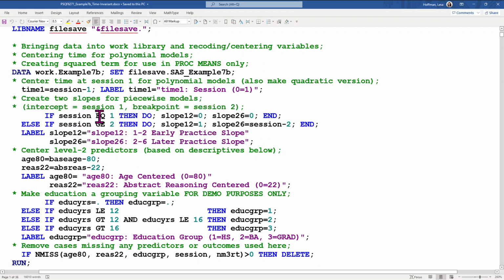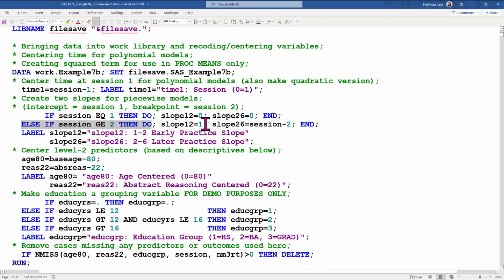So if session is equal to 1, we initialize both of our slopes to 0. That means that session 1 is going to be my model intercept, where time equals 0 for both of my slopes. Otherwise, if session is greater than or equal to 2, the first slope switches to 1, the second slope switches to session minus 2.